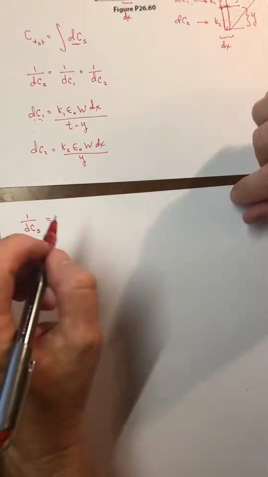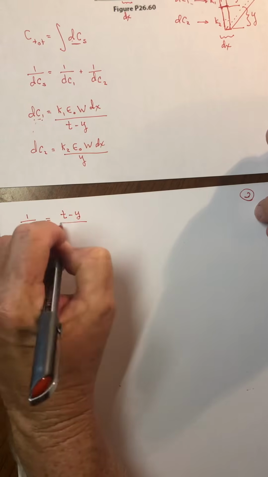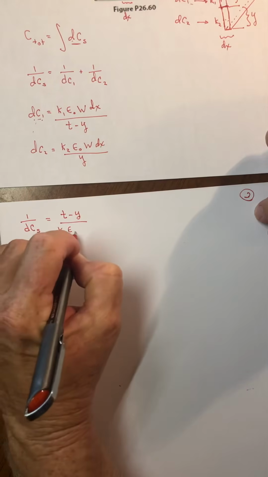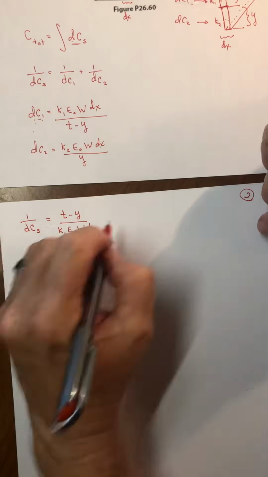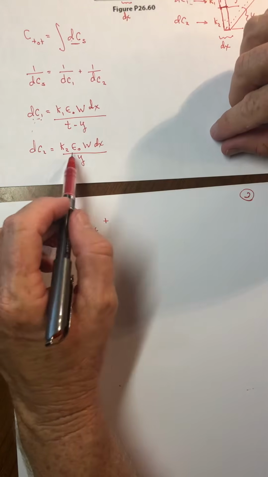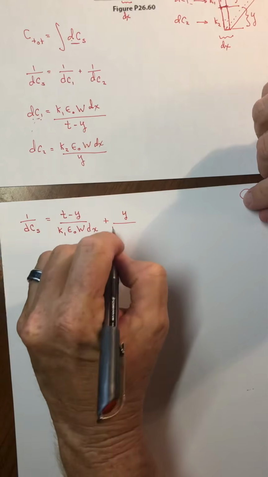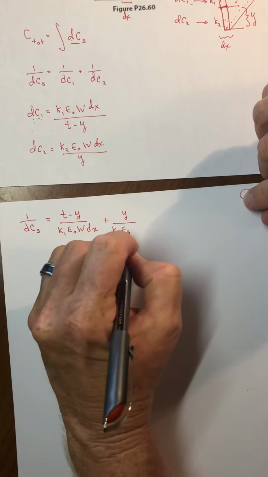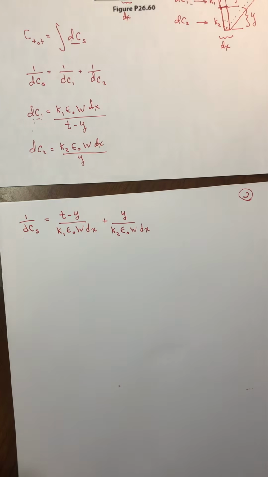So it would be t minus y, over kappa 1, epsilon naught, W, dx. Add to that the reciprocal of capacitor number 2. So put the y in the top and the other one's in the bottom: here is kappa 2, epsilon naught, W, and dx.